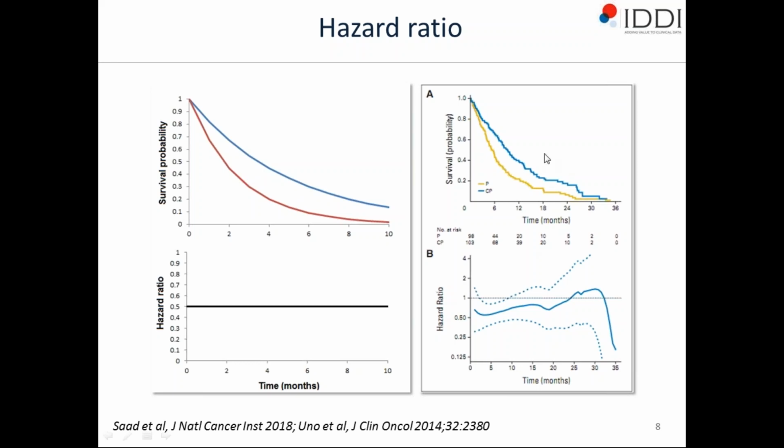For example, in this one, we can see that even though these survival curves appear to be relatively good in terms of being what we call proportional hazards, which means that the hazard ratio is constant over time, we can see that this is not really true.